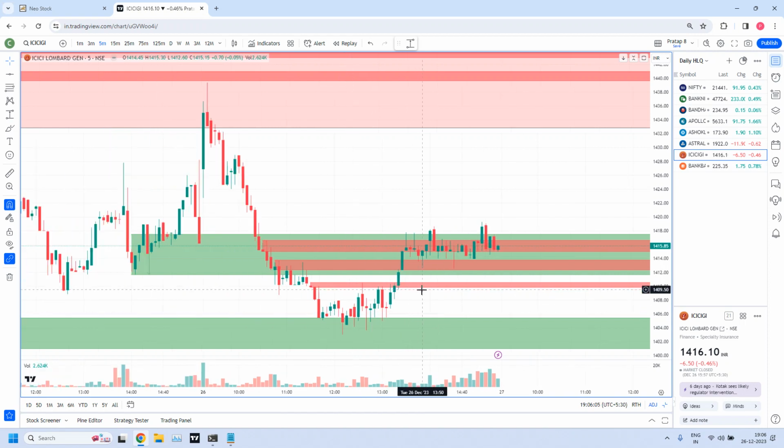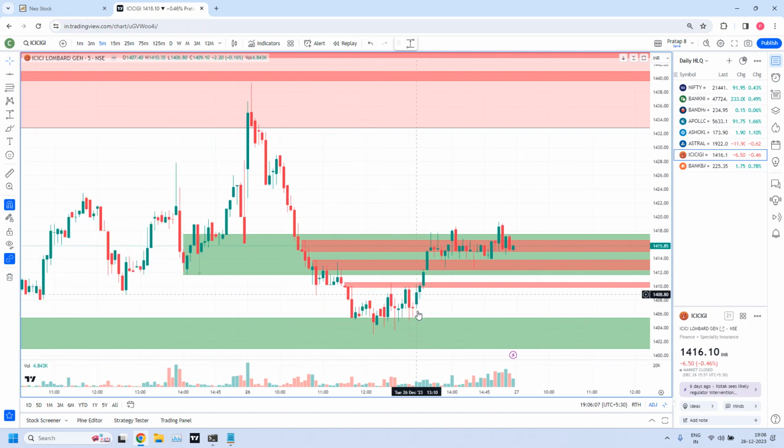See, what is that trailing stop loss suggesting? Actually, instead of booking your profit at this, even one more thing I have to draw.